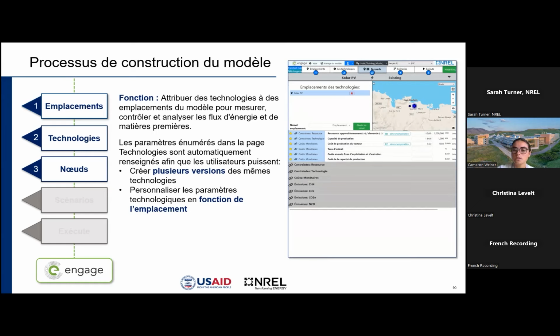The parameters that you defined on the Technologies tab will automatically get populated on the Nodes page once you've created a new node. This feature can be helpful if you are creating multiple technologies, but you want some of the parameters to be specific for each location.